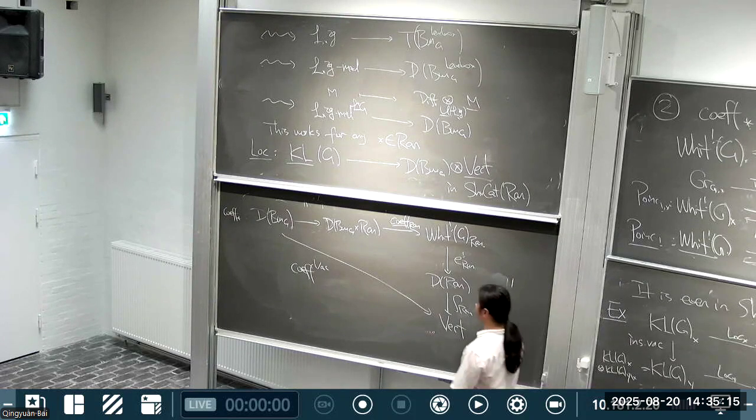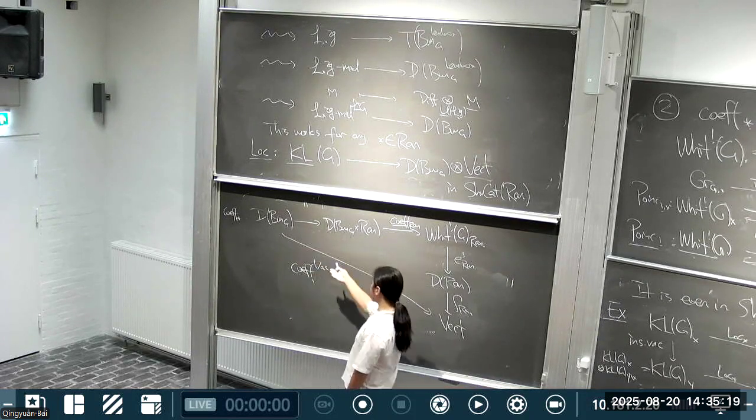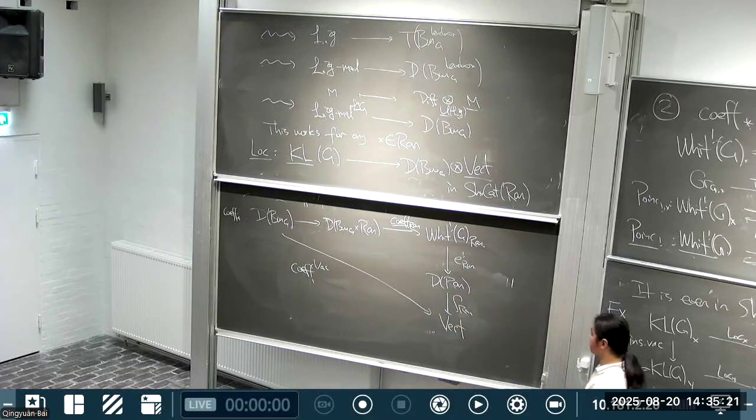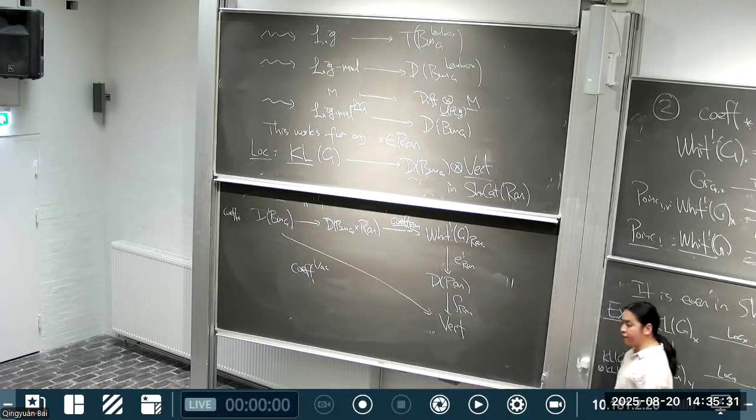So in other words, you may say this coefficient functor, which is a functor between these things, is really just given by applying this formula to this next unit of vacuum functor. So that's some exercise for you.